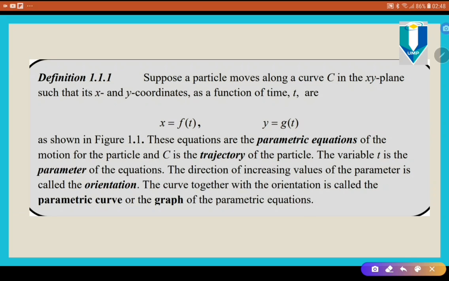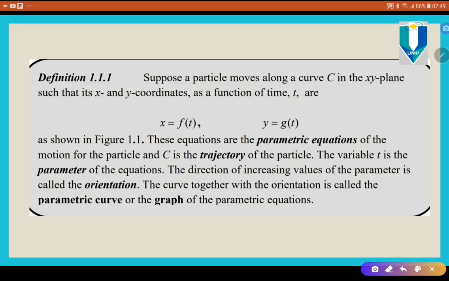Definition 1.1.1. Suppose a particle moves along a curve C in the xy plane such that its x and y coordinates as a function of t are x equals f(t), y equals g(t), as shown in figure 1.1. These equations are the parametric equations of the motion for the particle, and C is the trajectory of the particle.